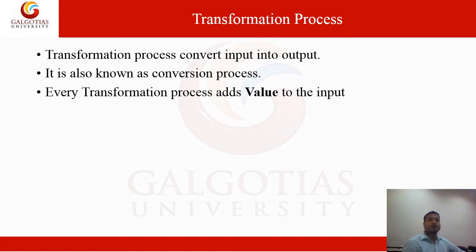So therefore, what you can see in transformation process, it converts input into output. As it is converting input into output, this transformation process is also known as conversion process.